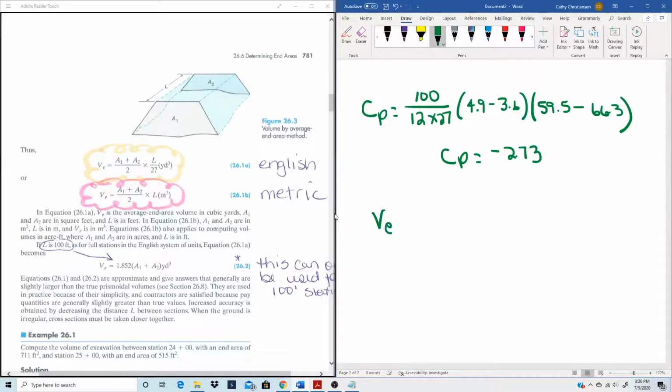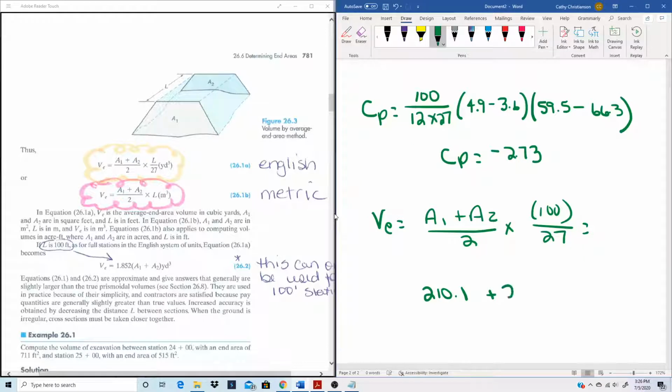So V sub E, area 1 plus area 2 divided by 2 times 100 divided by 27. So area 1 is 210.1 plus area 2, 201.3, divided by 2 times 100 divided by 27.